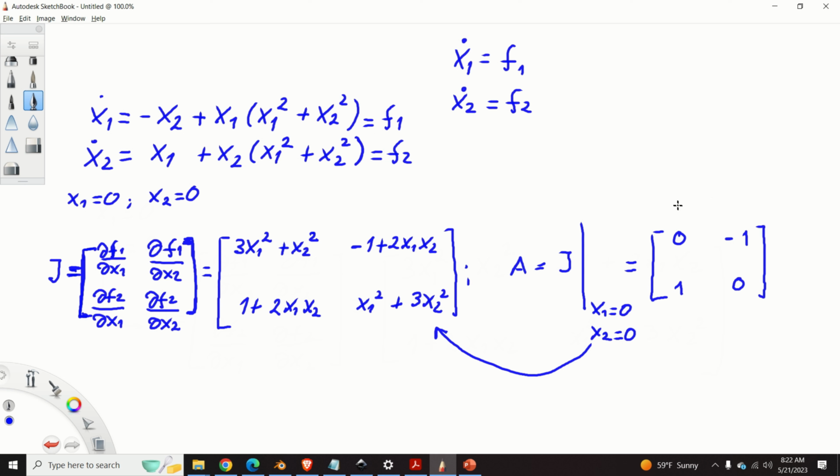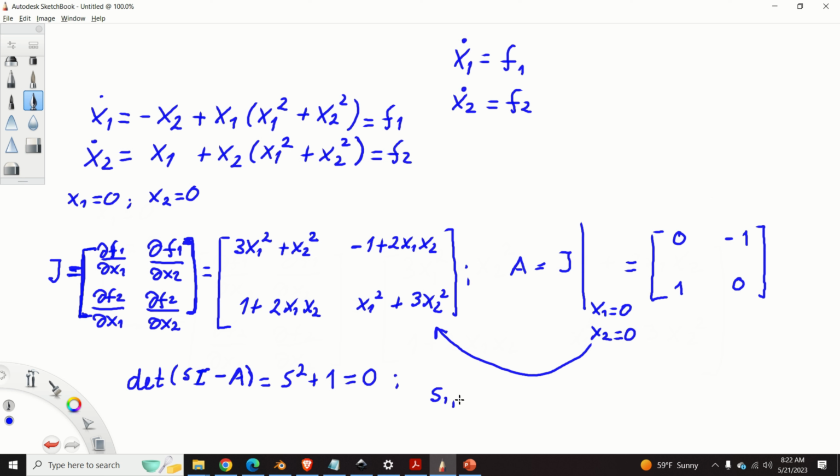Let us compute the eigenvalues of this matrix. The eigenvalues are the zeros of this polynomial, where I is the identity matrix and s is the complex variable. After some computations, we can see that the characteristic polynomial looks like this. If we set the characteristic polynomial to 0, we obtain the eigenvalues.